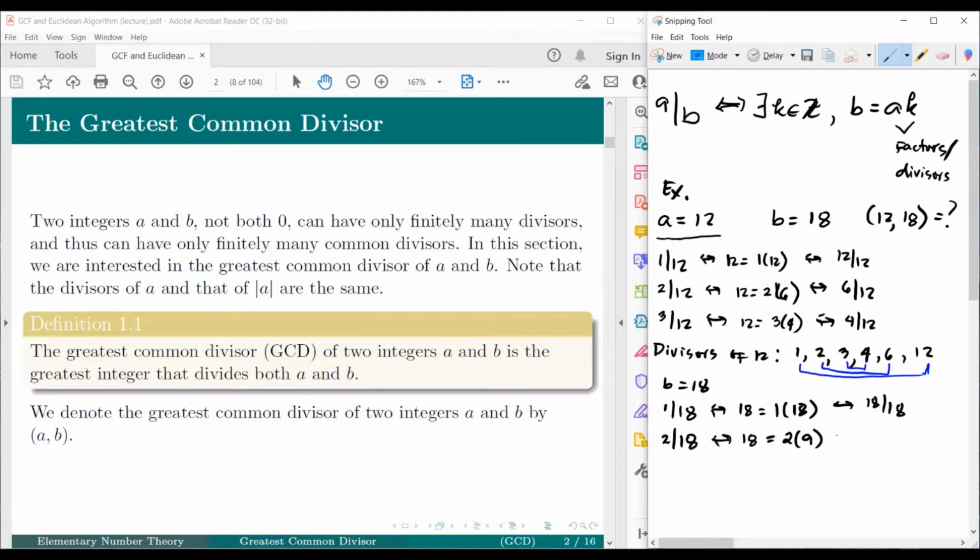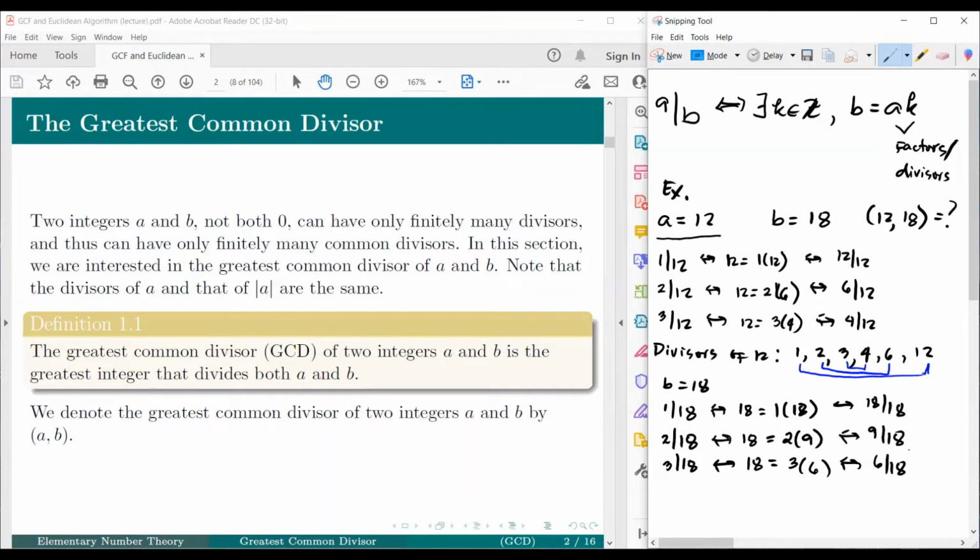And from here, we can say that 9 divides 18. Another one is 3. So 3 divides 18, since 18 is equal to 3 times 6. And from here, we can say that 6 divides 18.